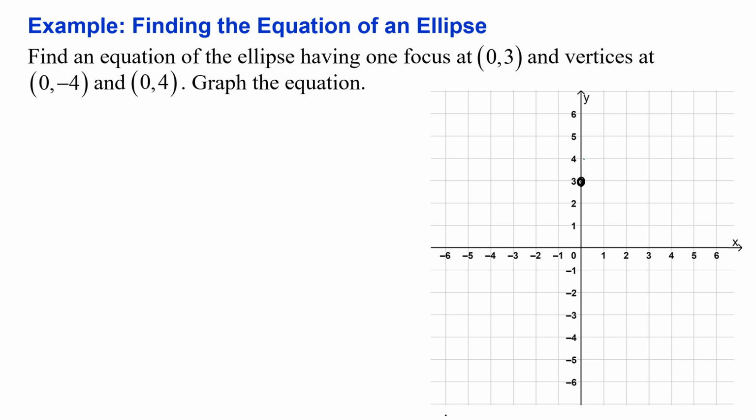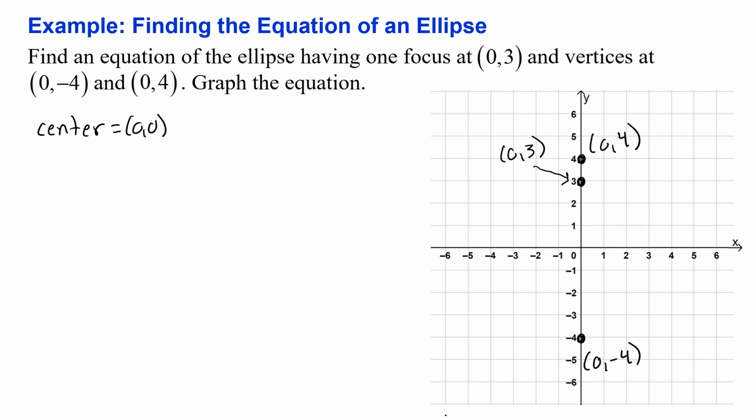Let's plot one focus at the point (0, 3), and then the two vertices at (0, -4) and (0, 4). Now, since the center of the ellipse is the midpoint between the two vertices, the center must be the origin at (0, 0).